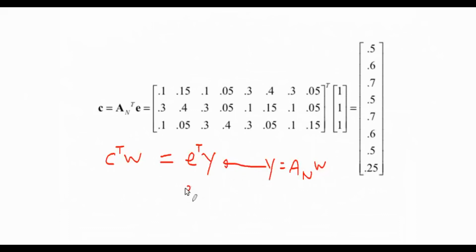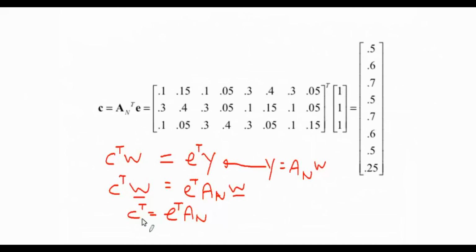So we get E transpose A sub n W on the right-hand side, and C transpose W on the left-hand side. Look at that, we have W there and W there. If we just said that C transpose is equal to E transpose A sub n, we'd be fine. We would have what we want.